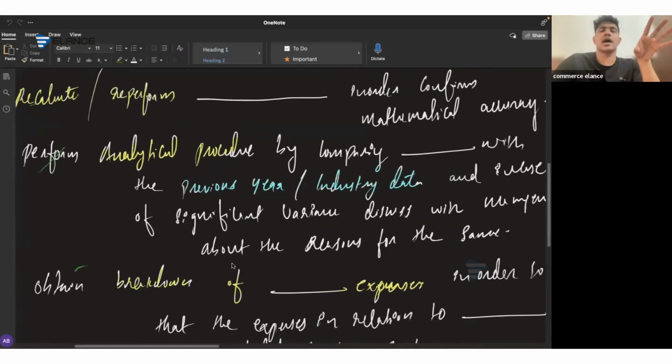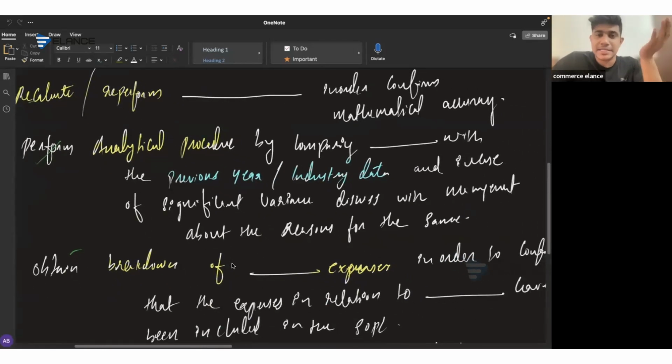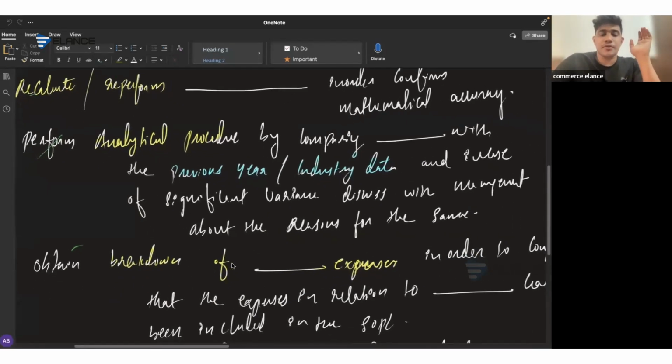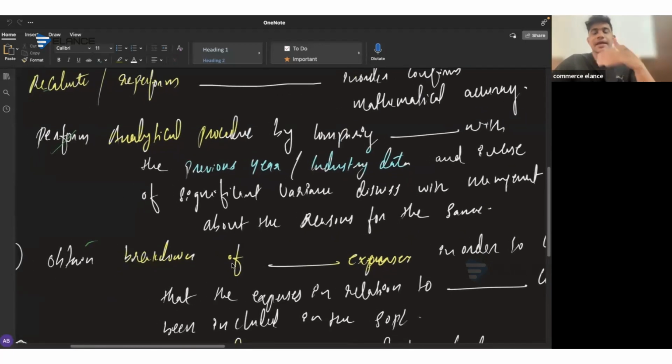Then you can always have the possibility of performing analytical procedure. You can perform analytical procedure by comparing any data in the current year with that of the previous year. So here you can compare the amount of provision. However, you have to clearly ask yourself whether this was a balance that existed in the previous year as well.